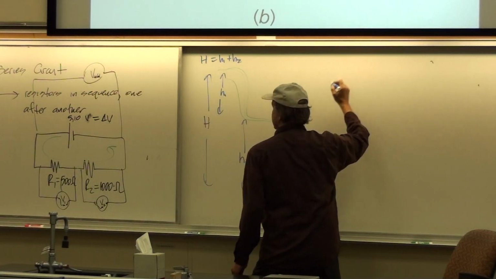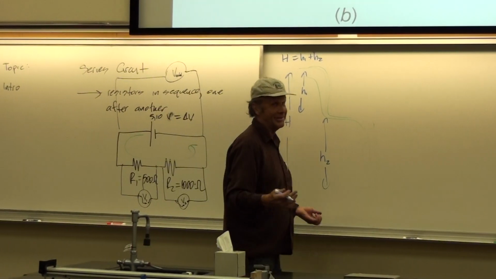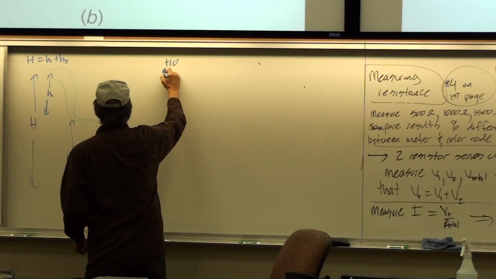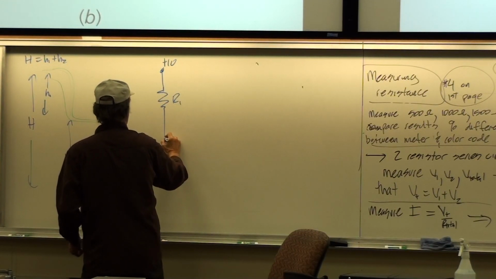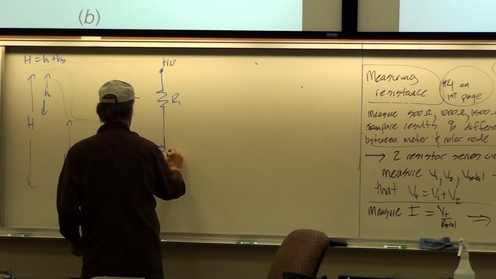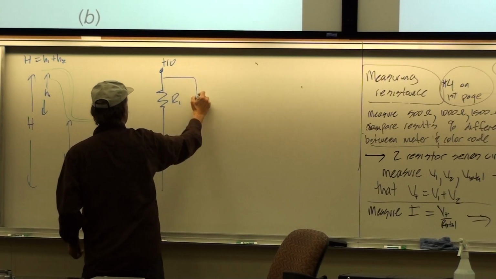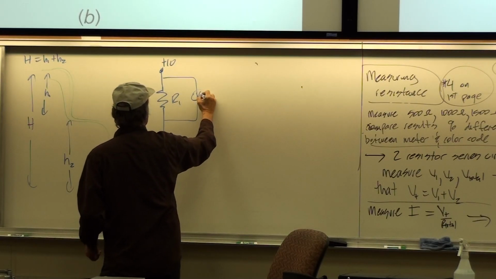Similarly, if we stretch the circuit out, and that's sometimes what I like to do so that we can use our gravity analogy on it, I'll make this the plus 10, then I'll make this resistor R1, and this resistor R2. Then we can think of this drop in voltage as being like our H1, that's our V1.